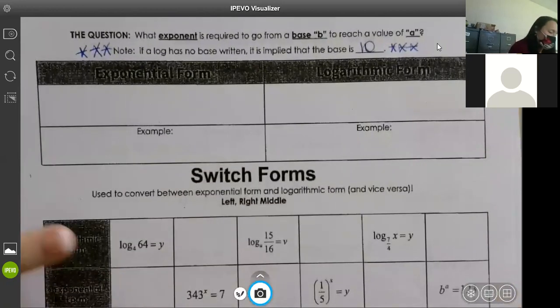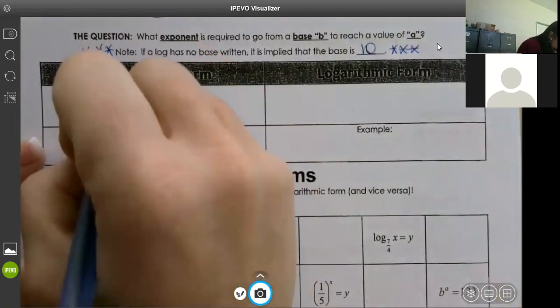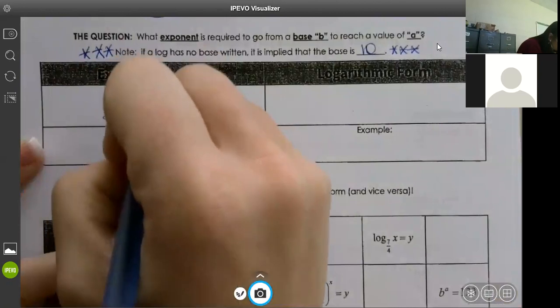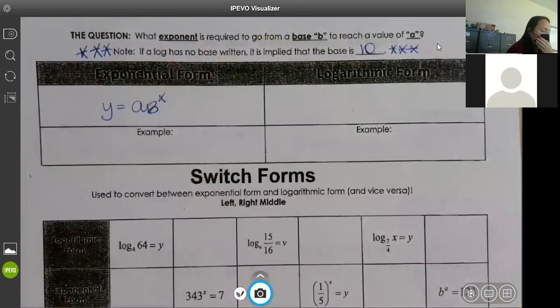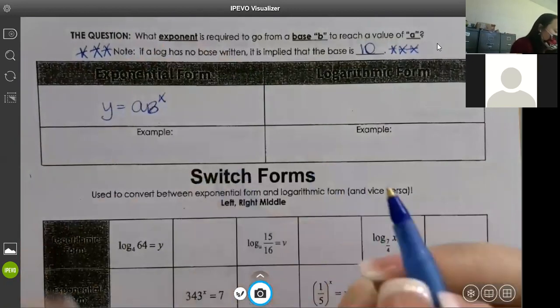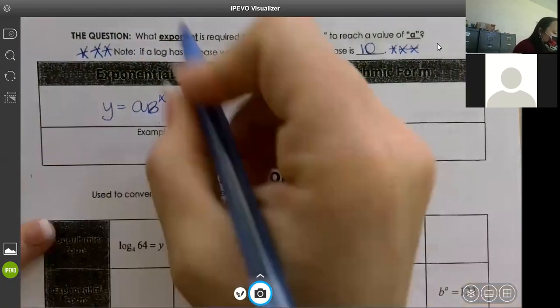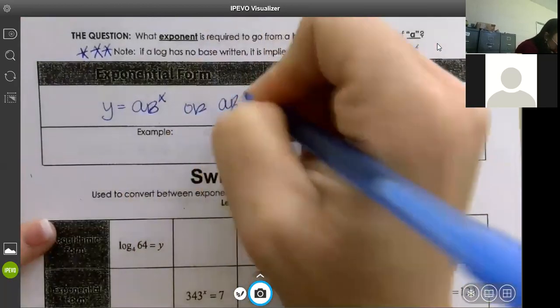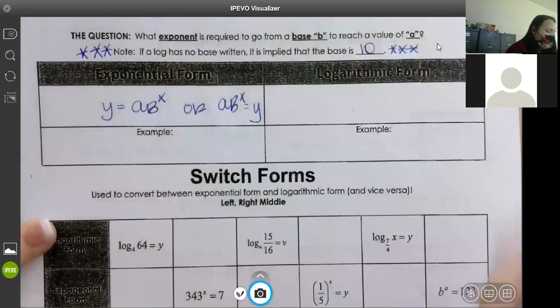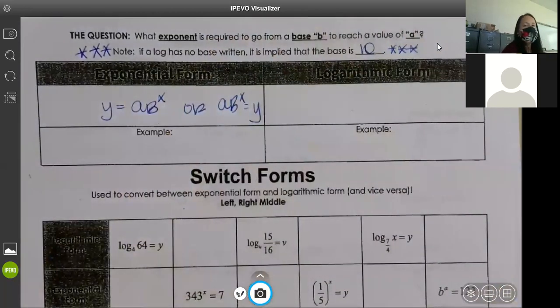So for exponential form, it's going to look like this. Or we're going to flip it around to something like this. We'll talk about it in a minute.